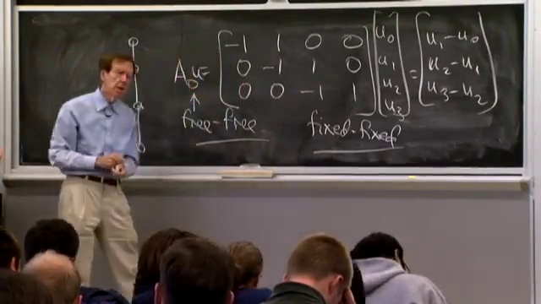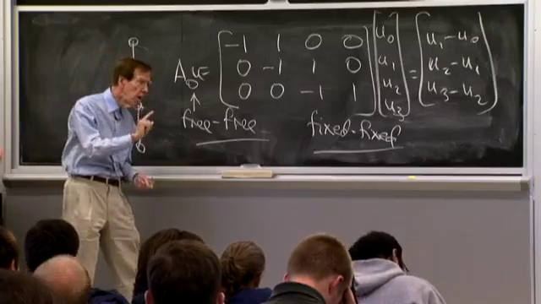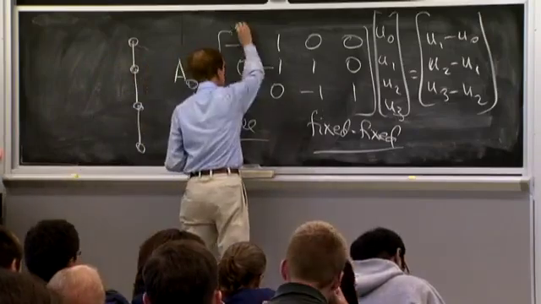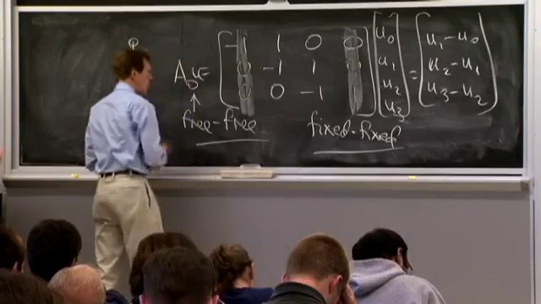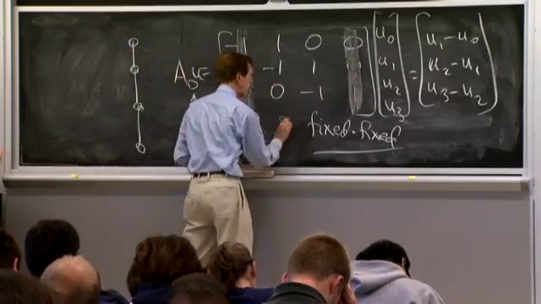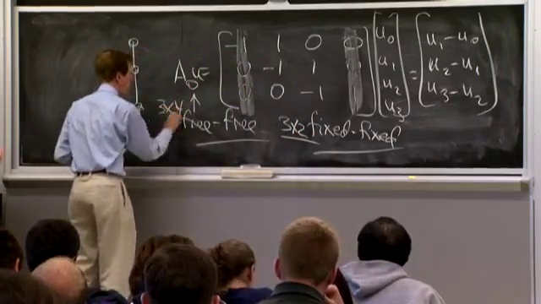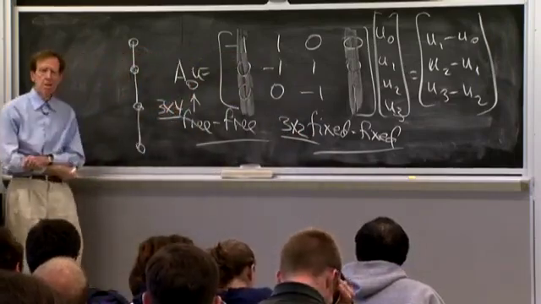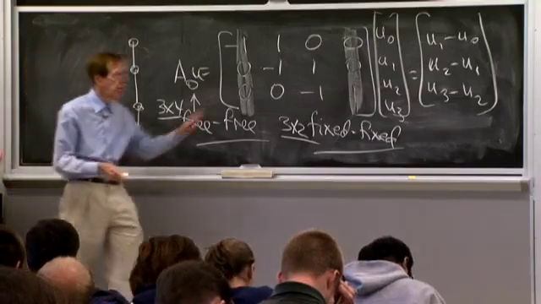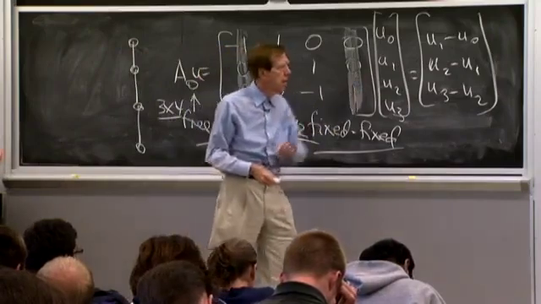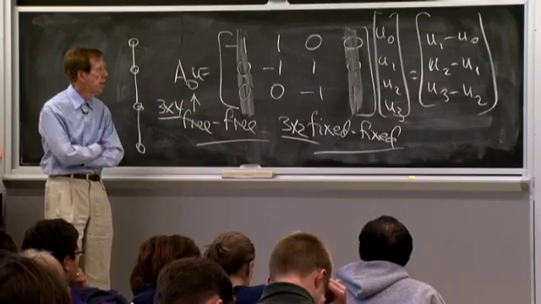How would that change the matrix? First and fourth columns would go. Right. So fixed-free would then be 3 by 2. Free was 3 by 4. I'm glad this question came up because it's the right thing for you to be thinking about in connection with the recent question you asked.